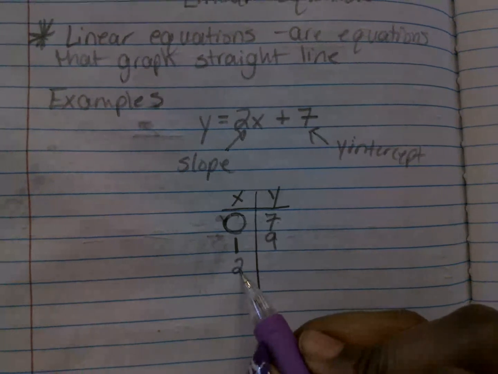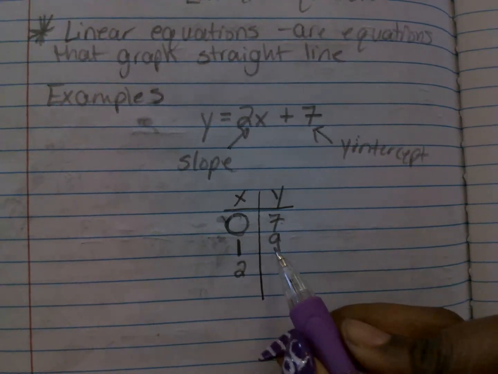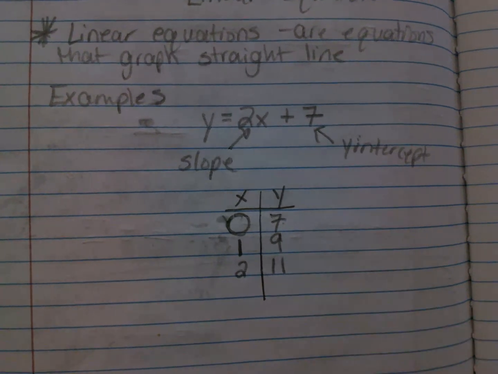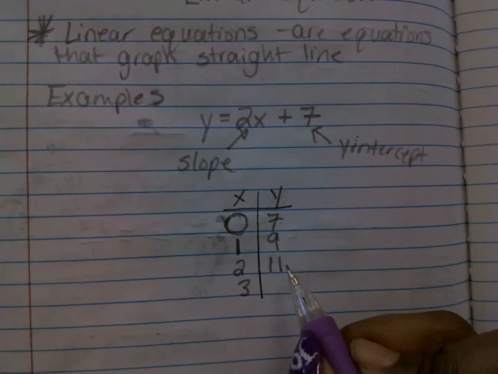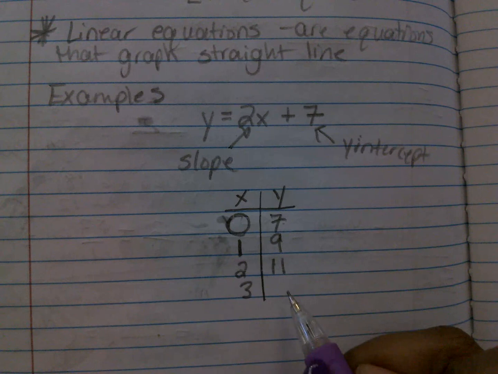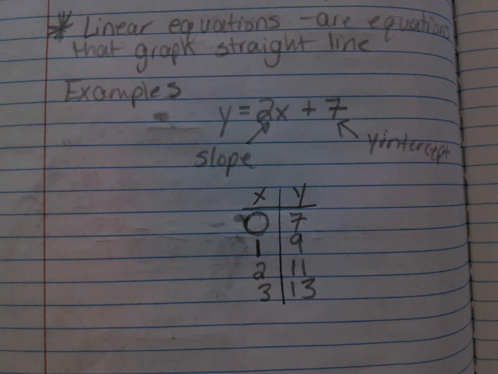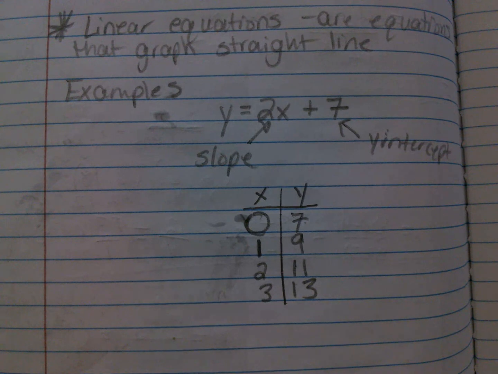The second number, if I'm leaving this number and going up 2, what's this going to be? 11. Third number, going up 2, what is that going to be? 13. So on and so forth. It goes up infinitely because it's a line. It does not have an end to it.